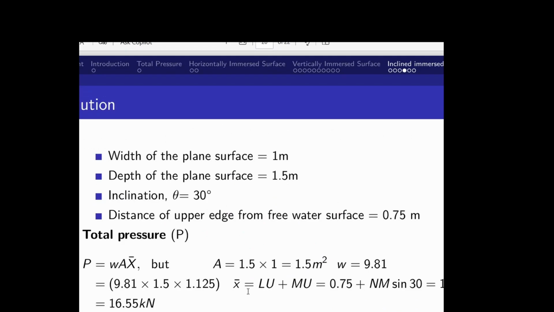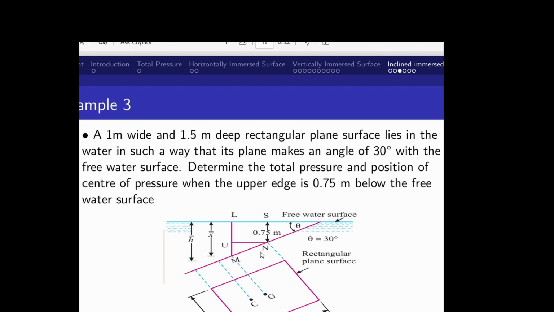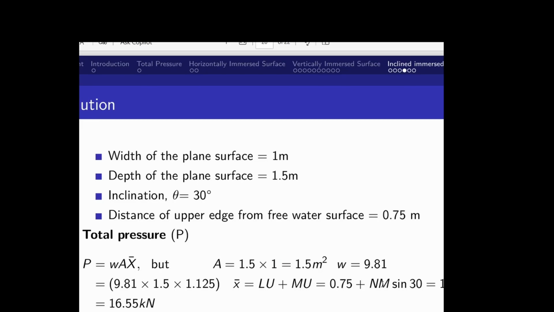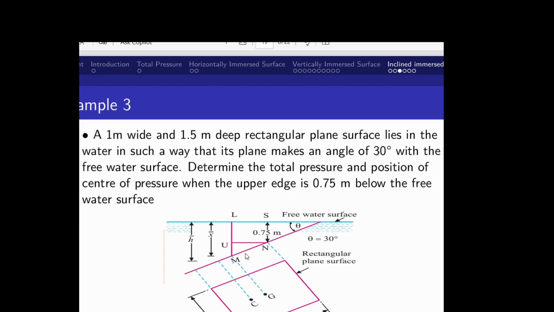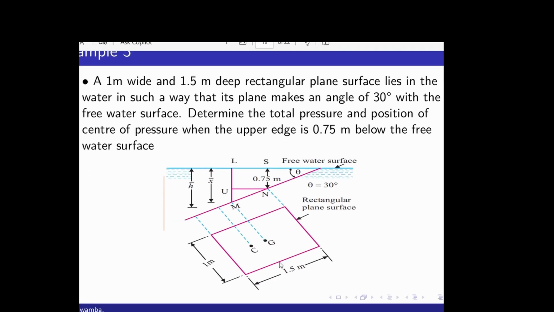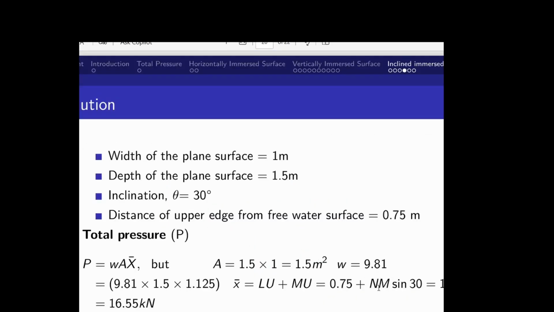And that's where trig ratios will come in. So LM will be LU, given to be 0.5, plus MU. From trigonometric ratios, MU is MN times sine 30 degrees. That's how we're going to find UM. And MN is only halfway of 1.5 meters, so NM is only half of 1.5 meters.